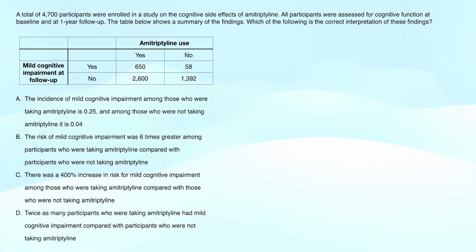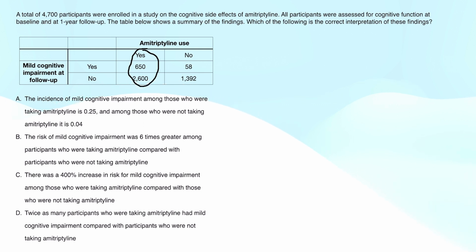So let's start by calculating the incidence of mild cognitive impairment in those who used amitriptyline. Now we're looking at two values here, 650 and 2,600. The incidence is basically the number of new cases divided by the people at risk of getting the disease or whatever outcome we're looking for, like mild cognitive impairment in this case.